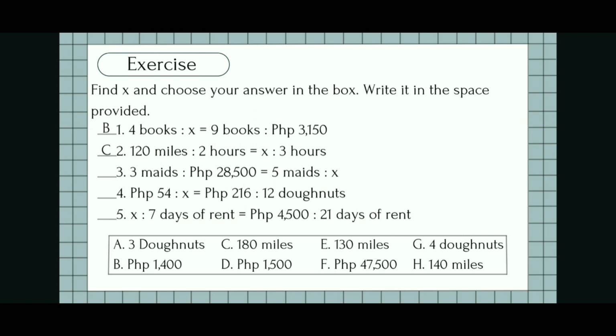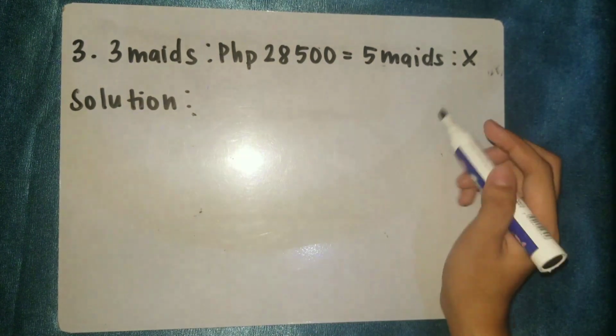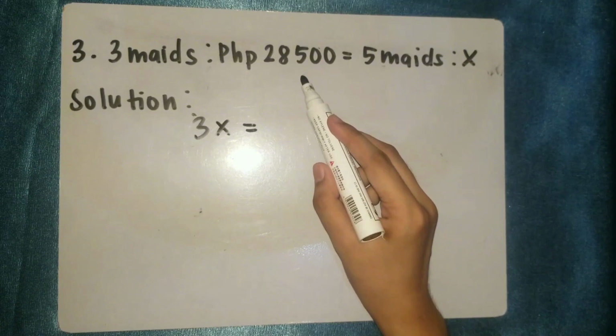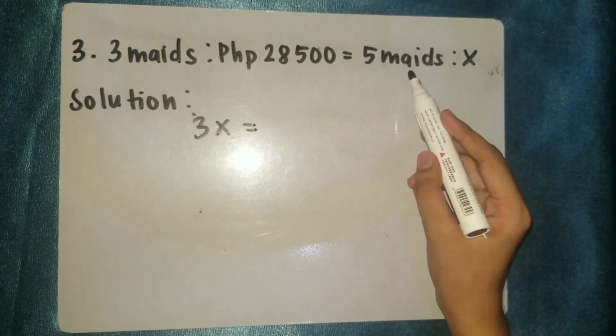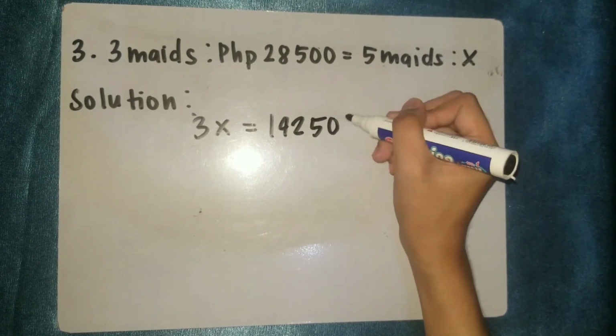Number 3. 3 maids is to 28,500 pesos equal 5 maids is to x. The answer is letter F, 47,500 pesos. Solution. 3 maids times x equal 3x. 28,500 pesos times 5 maids equal 142,500.